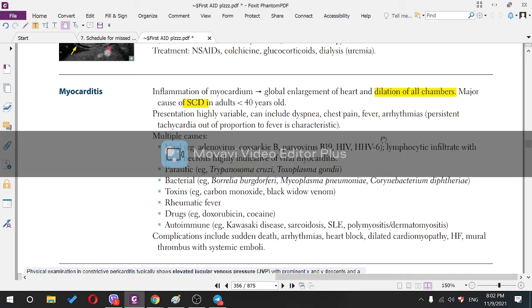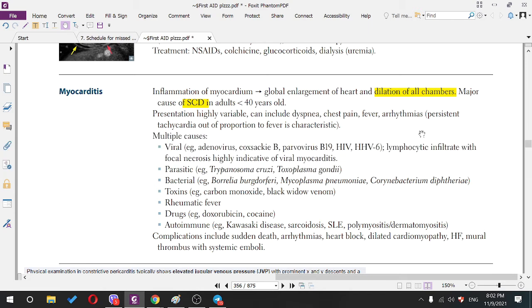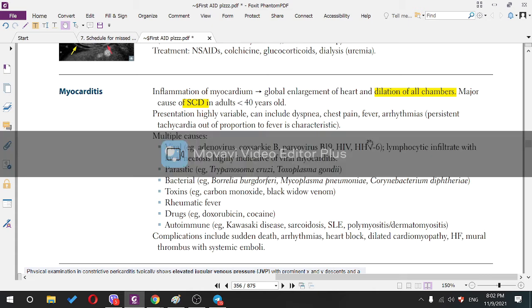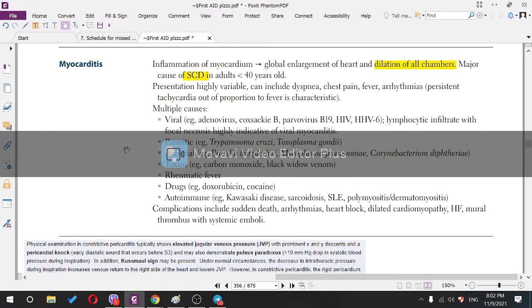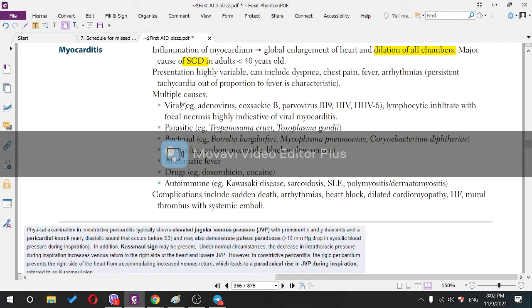Tachy, exactly. But the tachycardia will be ridiculous in case of myocarditis. It will be much higher than his fever. He will have fever like 38 degrees, but his heart rate will be 150. It does not fit. So multiple causes can cause this myocarditis, including viral, the most common cause.